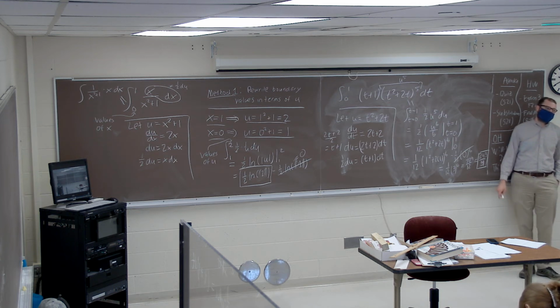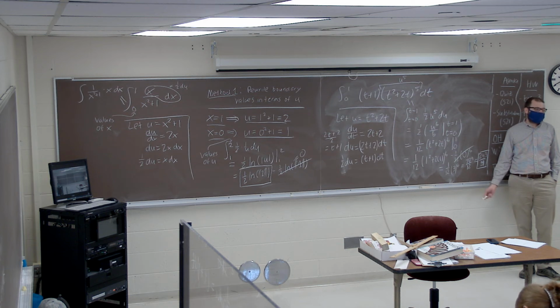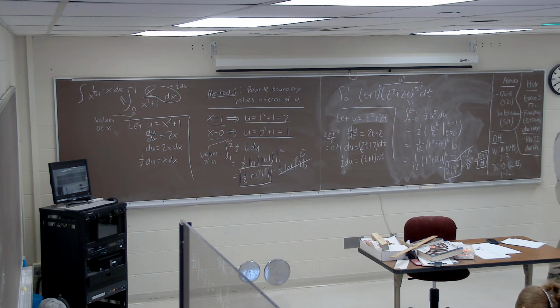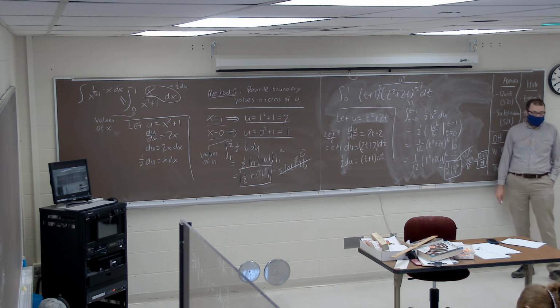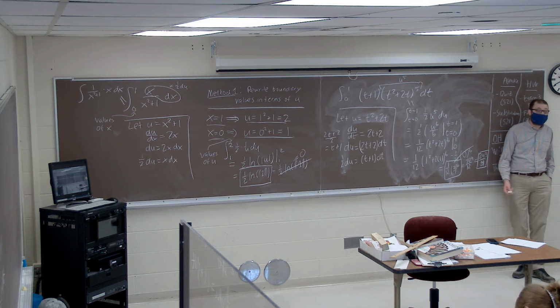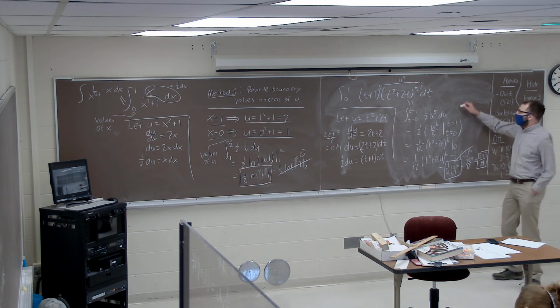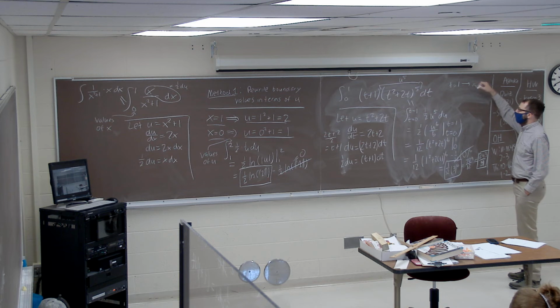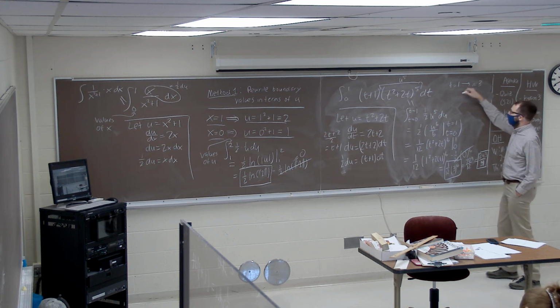Of course, if this had been a quiz or an exam question, you're totally fine to stop at that point. If you had done this using method 1, you could have said t equals 1 becomes u equals 1 squared plus 2 times 1, which is 3.